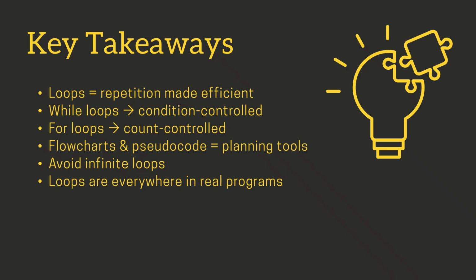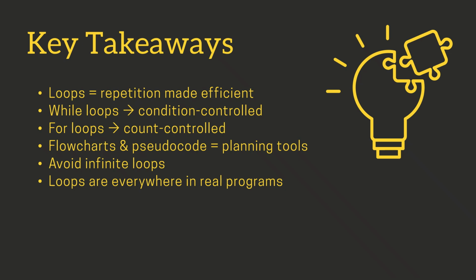Flowcharts use those decision diamonds to represent loops, and pseudocode helps us plan before we code. So it's really important that we write pseudocode so we can plan everything out before we actually code it.